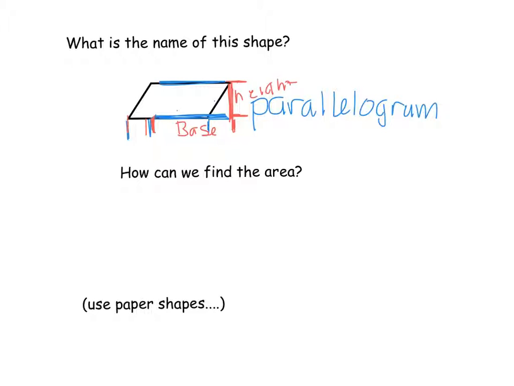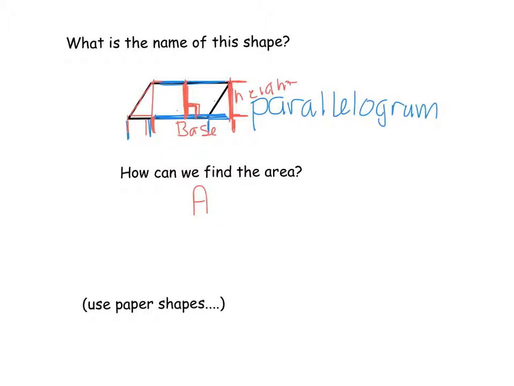The height is that distance between the base and its opposite side. And it is a perpendicular line. So I remember this because here is the distance. I'm going to put my little square in to show it as a perpendicular line, a 90-degree angle, and it makes a little H. So to find the area of a parallelogram, we just take that height and multiply it by the base.